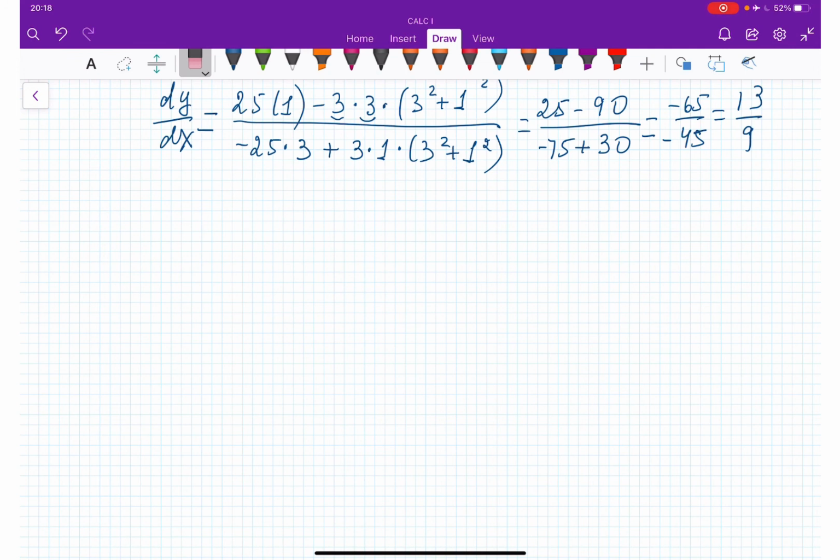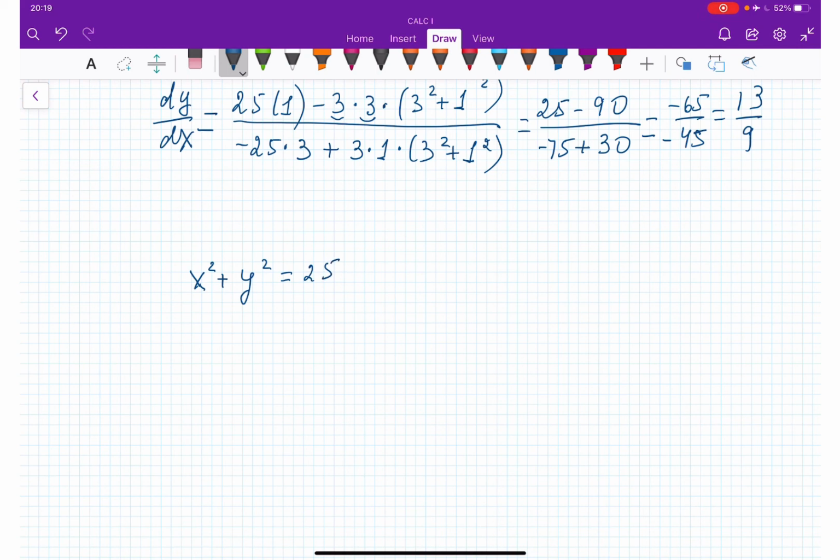Lastly, let me show you how to find the second derivative implicitly. So we have x squared plus y squared equal 25. That's a circle, obviously, with center at 0, 0, and radius 5, because we have here 25.